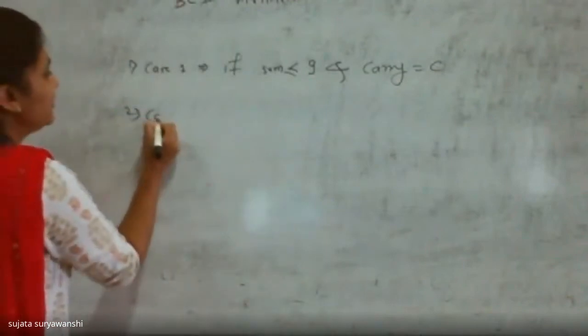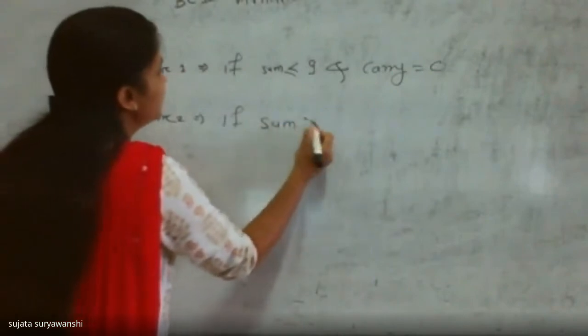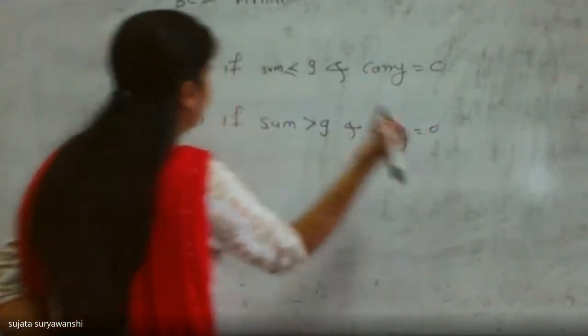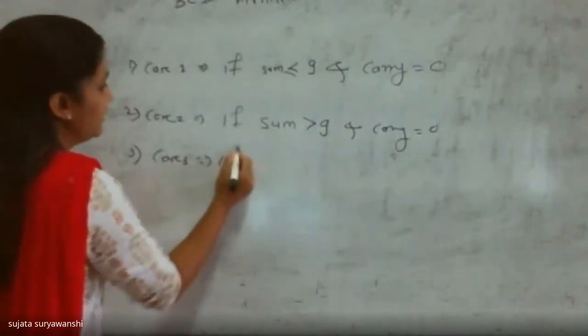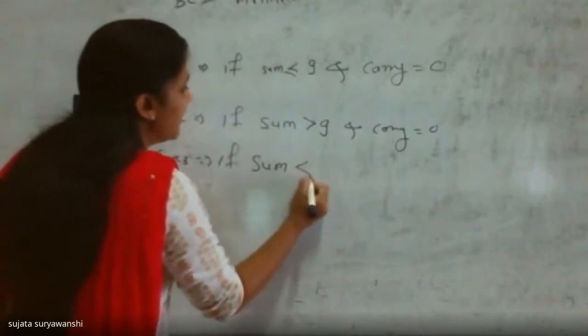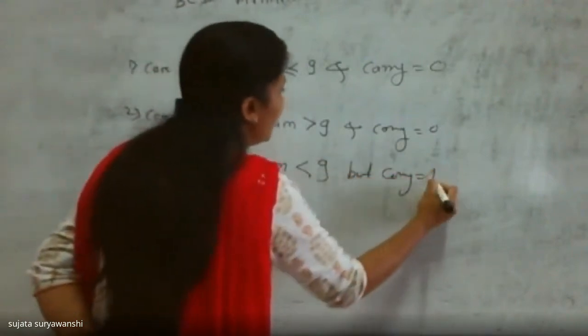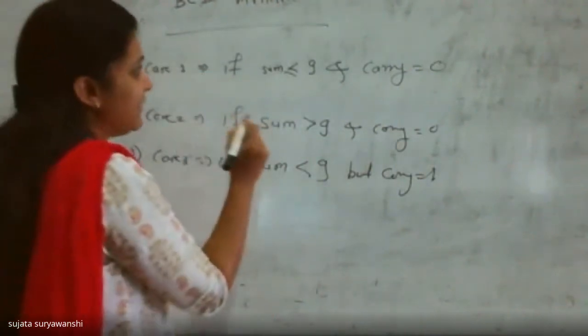Case 2: the sum is greater than 9 and carry is equal to 0. Case 3: the sum is less than 9 but carry is equal to 1. These are the three different cases when you do BCD arithmetic.